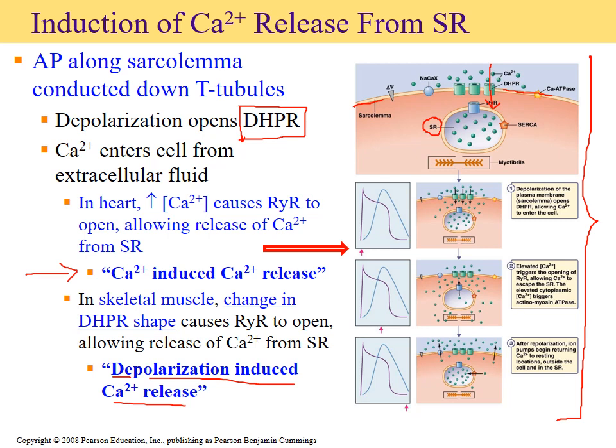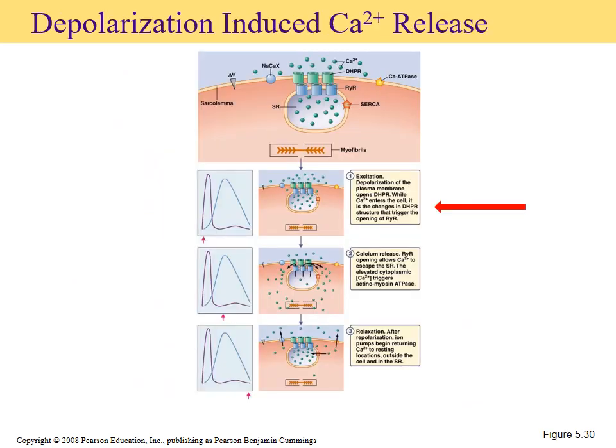We can move on to the next slide to see that in an illustrative example. All right, so here we go. We can see that the excitation and depolarization of the plasma membrane will cause the DHPR to be activated, and as calcium floods in, due to the change in membrane voltage, it will also cause the release of calcium through the ryanodine receptor.